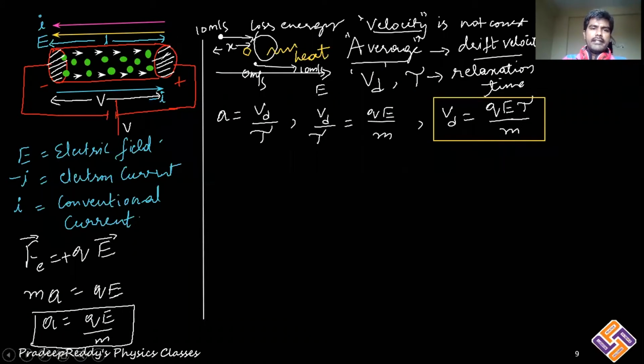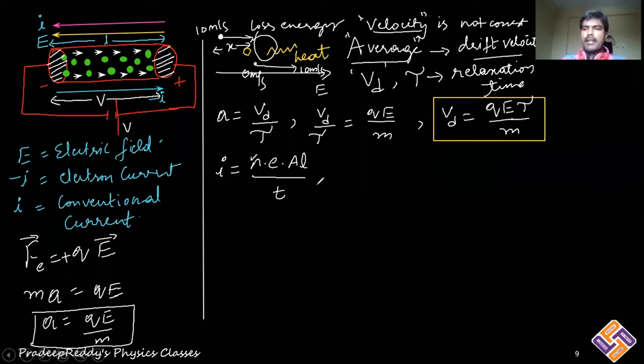I can now write current I is equal to nEA Vd, or I'll take it as nEA L divided by T. Why I'm writing it, I'll explain clearly. n is the total number of electrons which are present within the conductor.